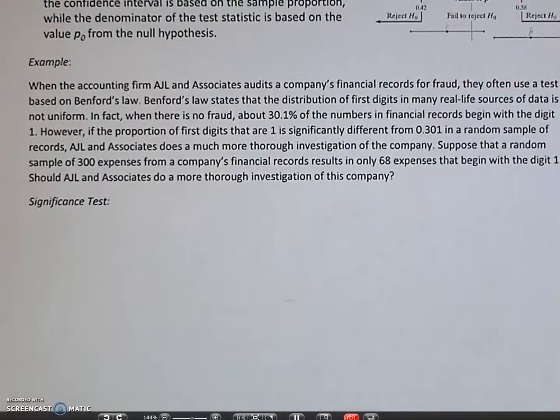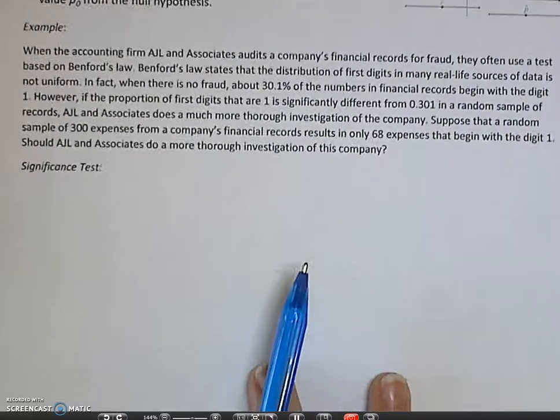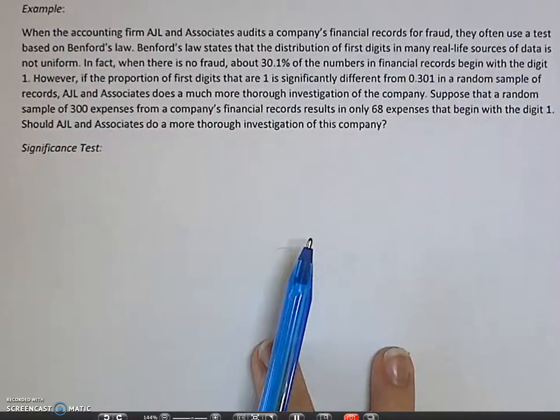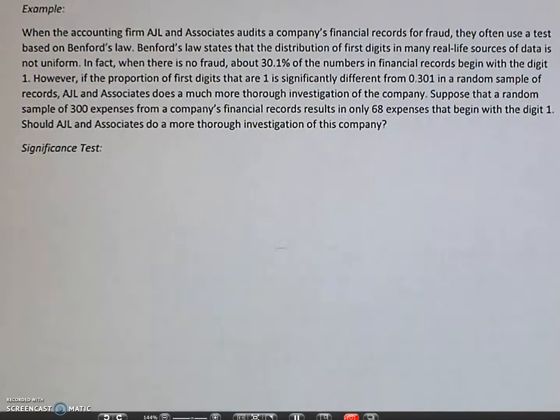When the accounting firm AJL and Associates audits a company's financial records for fraud, they often use a test based on Benford's law. Benford's law states that the distribution of first digits in many real-life sources of data is not uniform. In fact, when there is no fraud, about 30.1% of the numbers in financial records begin with the digit 1.